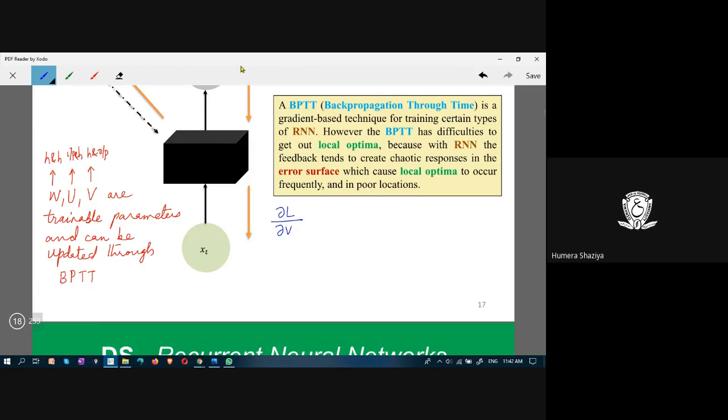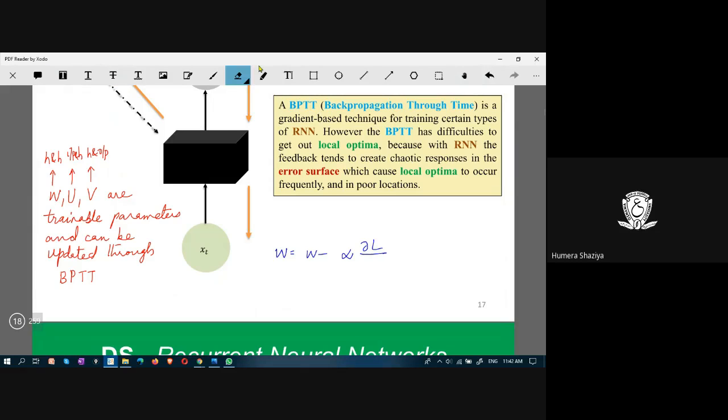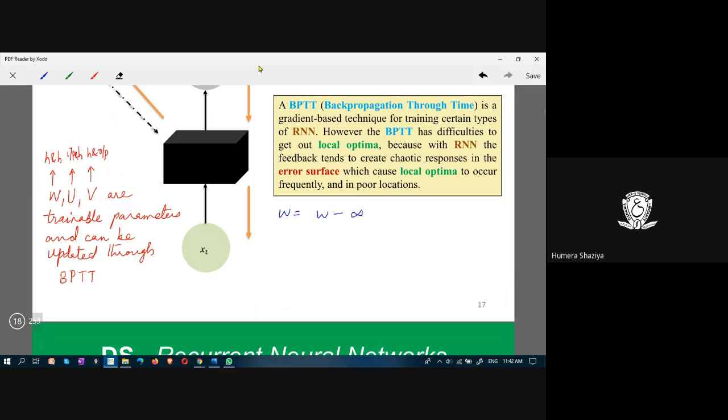So W is equal to W minus alpha, where alpha is the learning rate, times the derivative of loss with respect to the W weights.